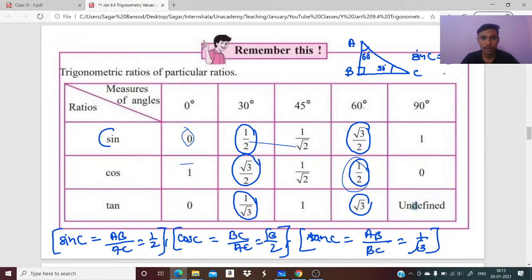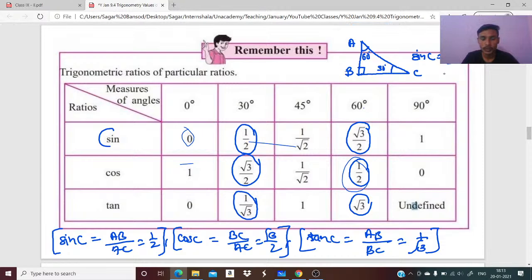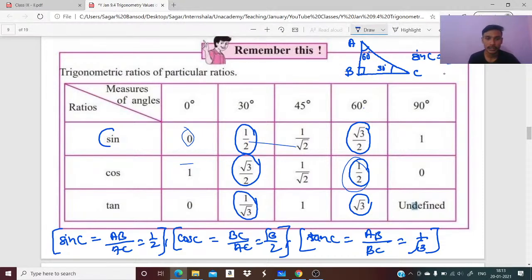Fine. So what I want to tell you is that if you know the angle theta, then you can directly tell me the sine ratio, cos ratio, or tan ratio of that angle. In this session, we are going to find out how we got these values of the ratios.